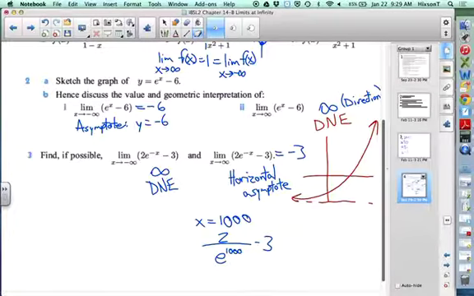This horizontal asymptote would be at y equals negative 6. Okay. We would actually be crossing, e to the x typically crosses at 0, 1. So this is going to cross at 0, negative 5 since the whole thing was shifted down 6 spaces. Okay.